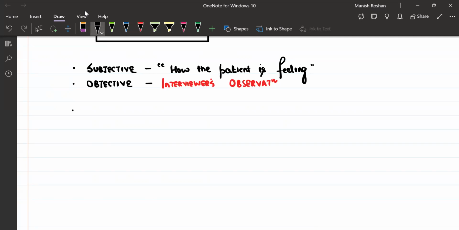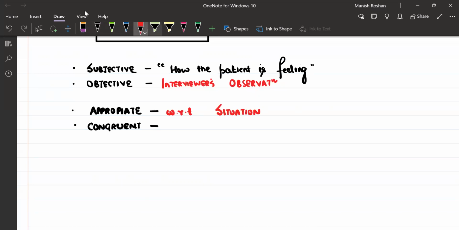Then you can say whether the mood was appropriate and congruent. Appropriate means with respect to the situation, and congruency means with respect to the thought process.